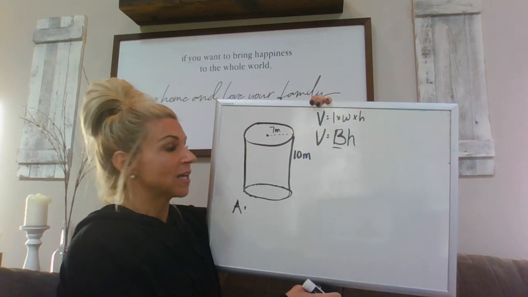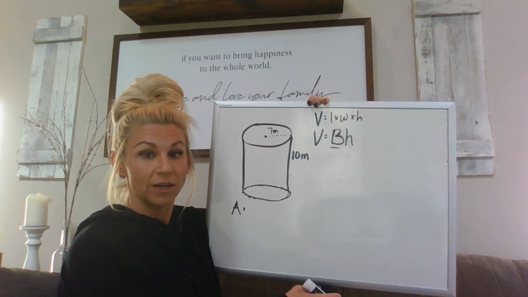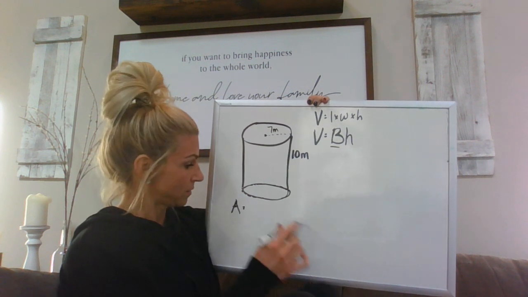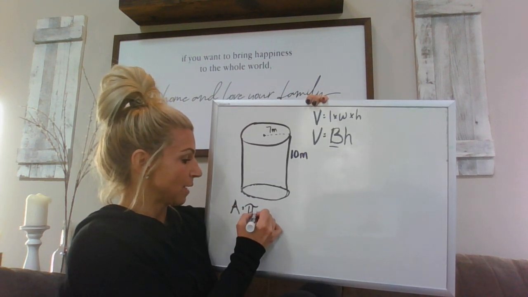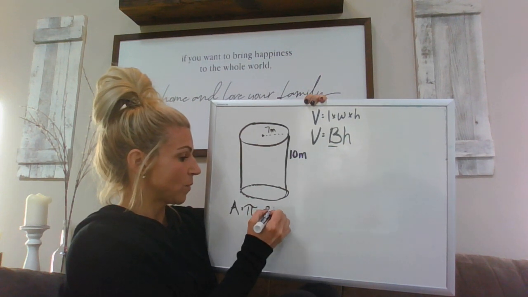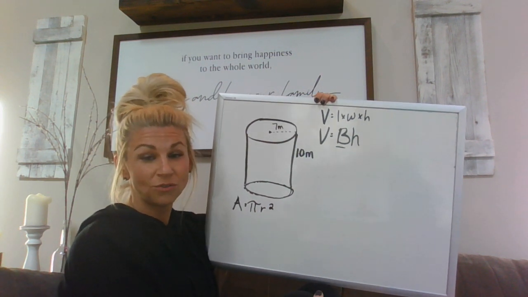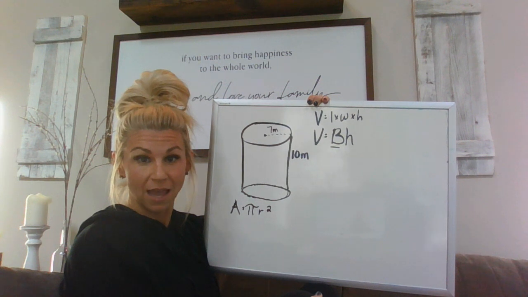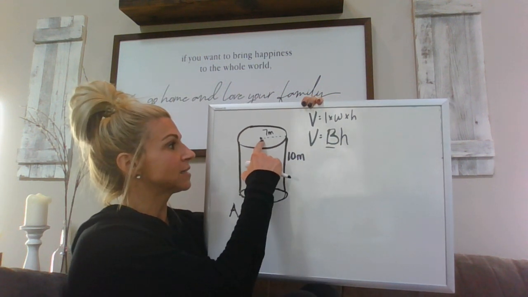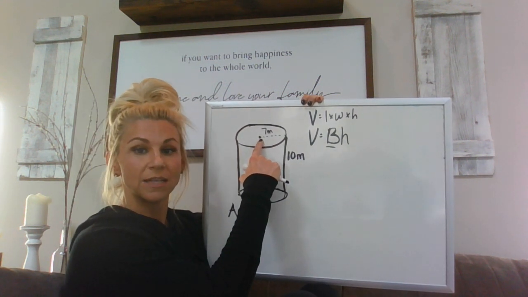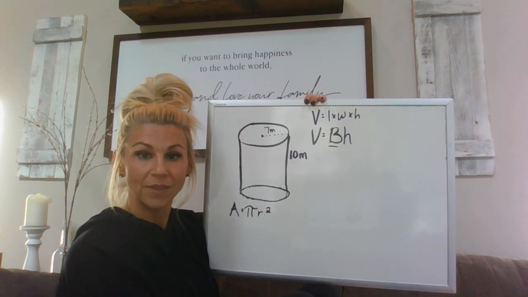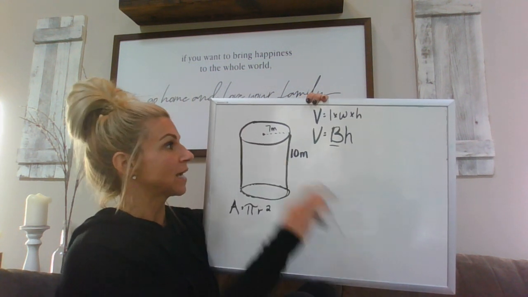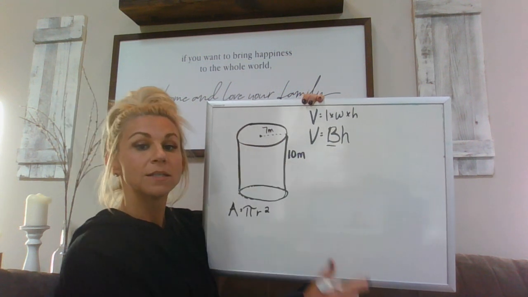So there is a special formula for finding the area of a circle, which is the special number pi times the radius squared. Okay, now you've also not learned about radius yet. Well, the radius is the distance from the center of the circle to the edge. Okay, that's called the radius. The diameter would be all the way across.